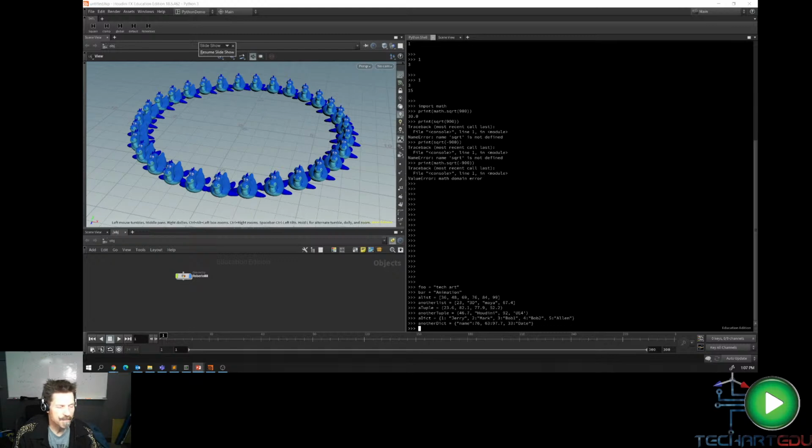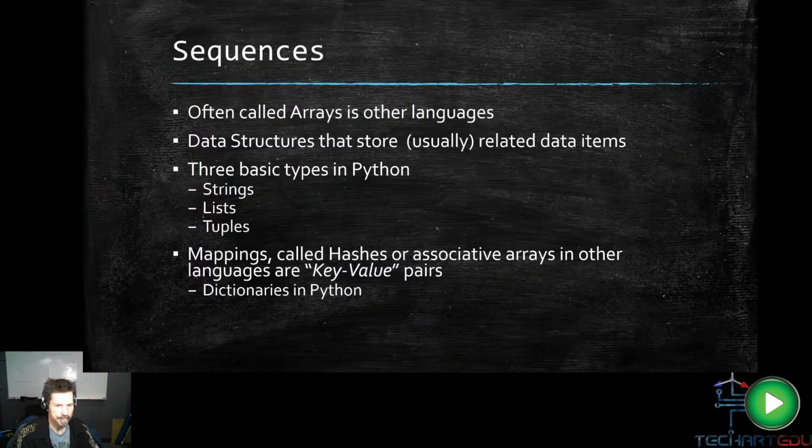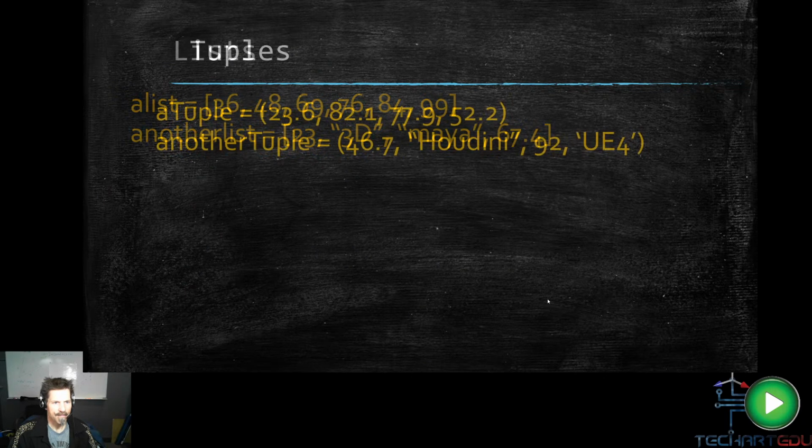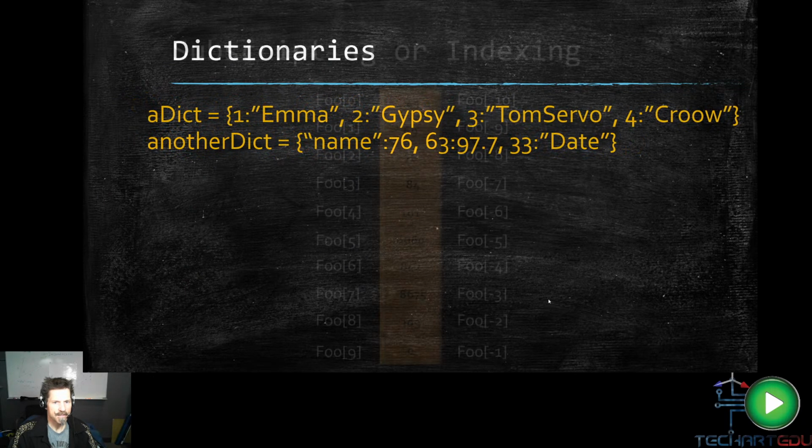Before we go on to start mucking around with this, let me go on to something a little bit different: how we index all of these sequences. I'm going to pull up my notes here. Okay, there we have our list of tuples, dictionaries.